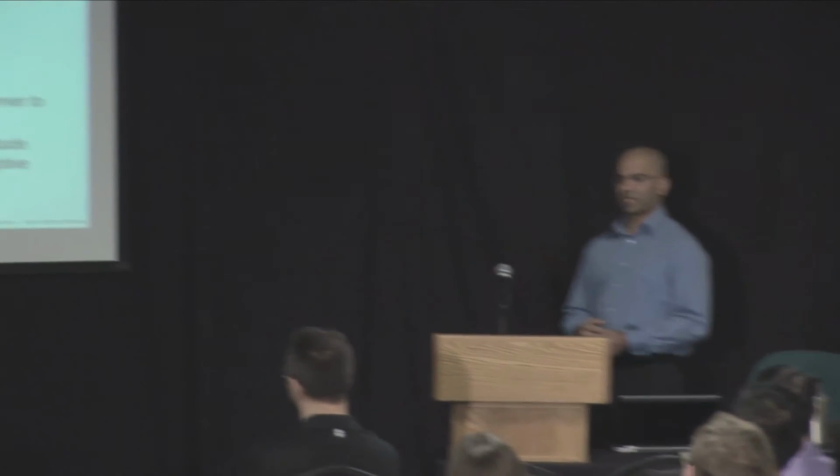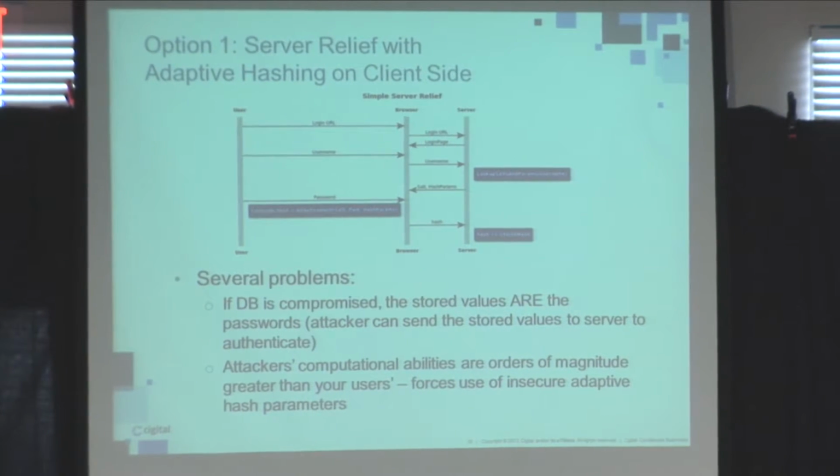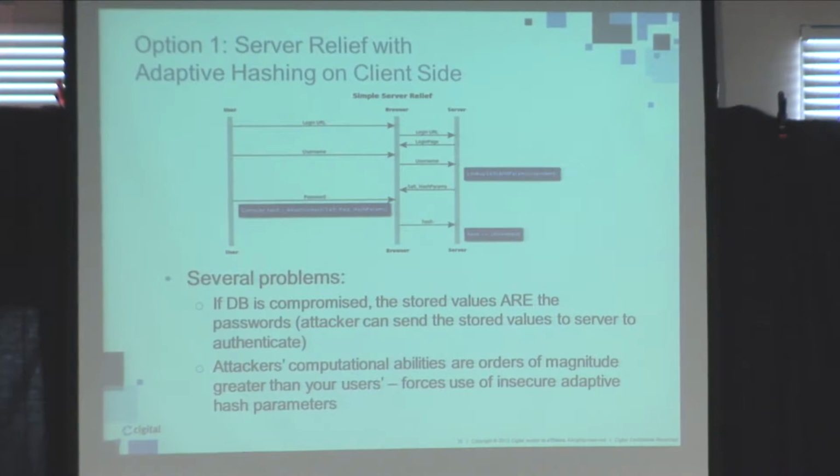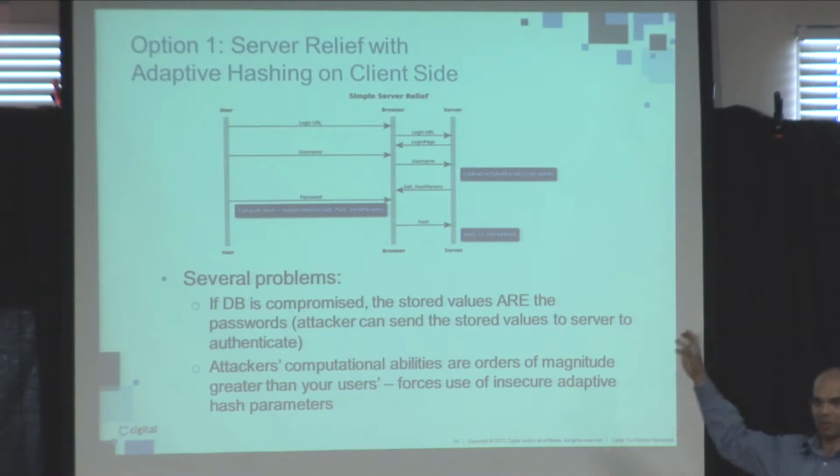Remember what we're trying to protect against. We're trying to protect against a scenario where your password database gets compromised. In this particular protocol, once your password data is compromised, those values that are stored in the password column are the values that the browser needs to send to the server. So there's no reversing required, right?